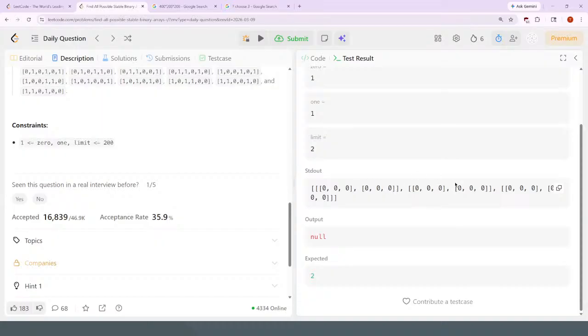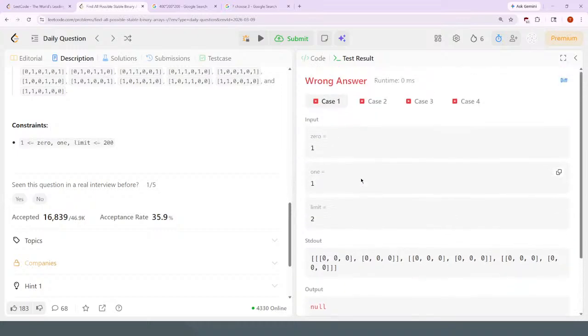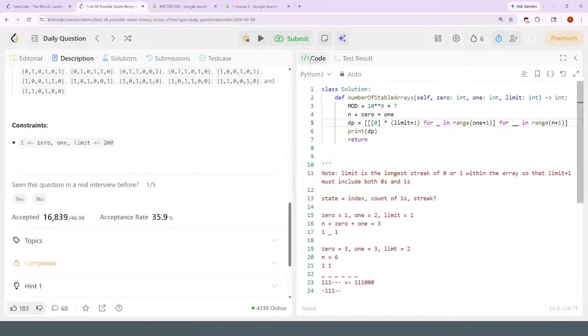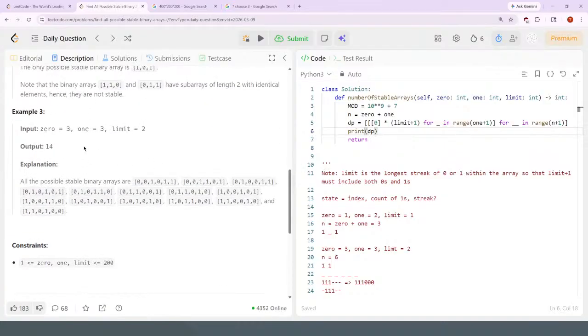So it's going to be 3 rows, where each row has 2 elements, each element being a three-sized array. Okay, so the outermost dimension of this dynamic program matrix is going to be the index within the overall binary array.